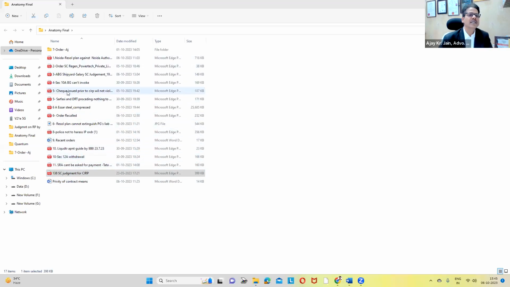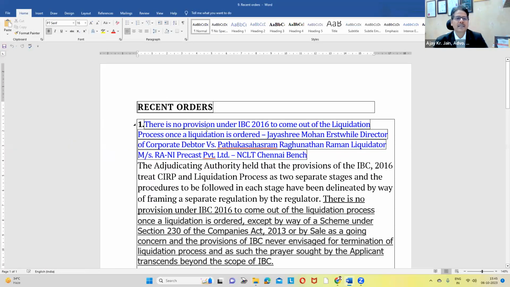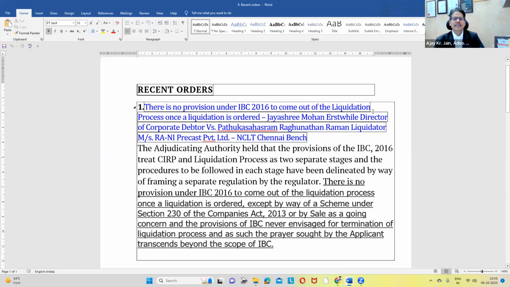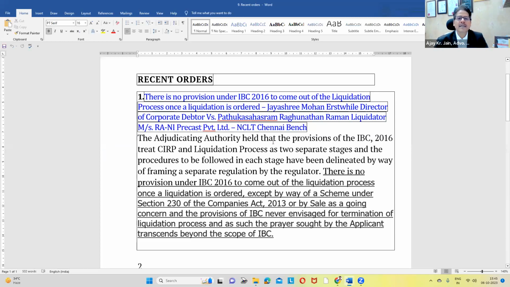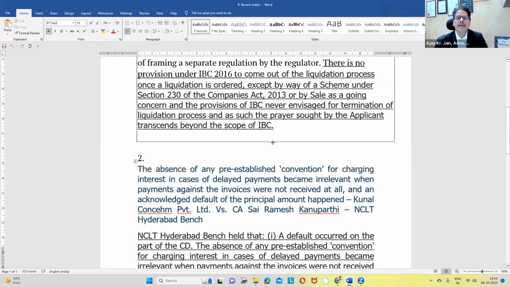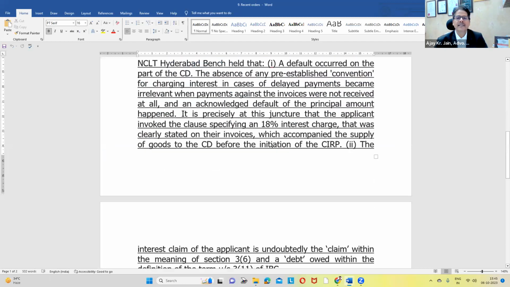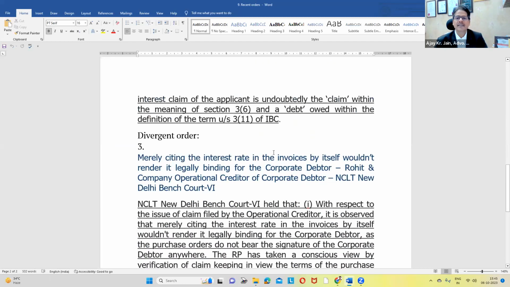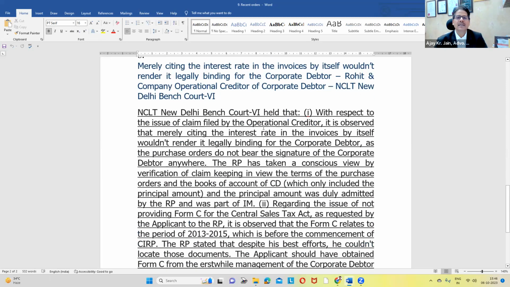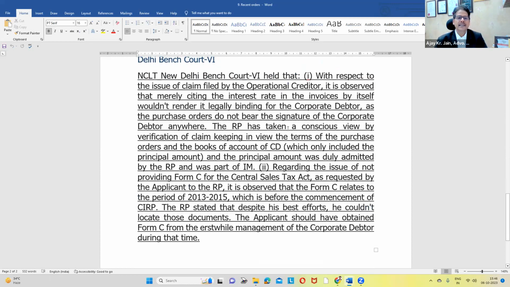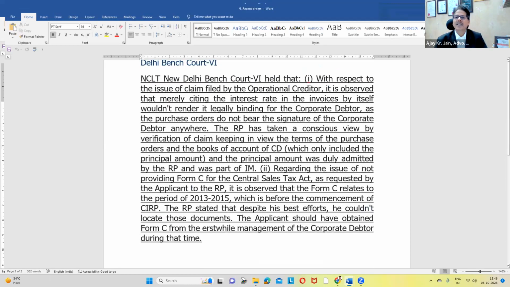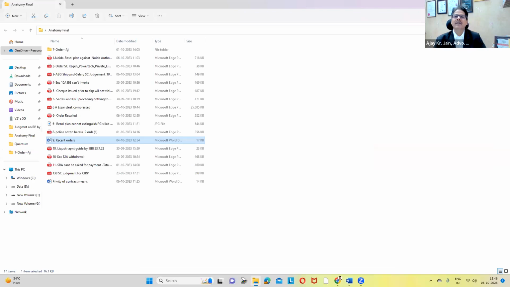Noida Authority. This is different. Just a moment. I think it has been missed out. Nonetheless, I will just explain verbally what happened in the Tata Power case.